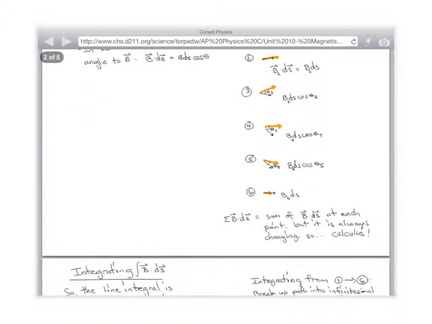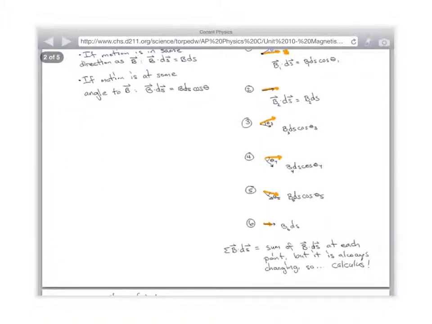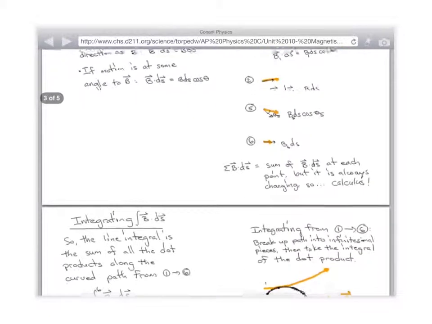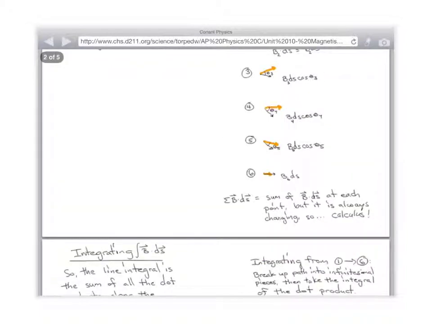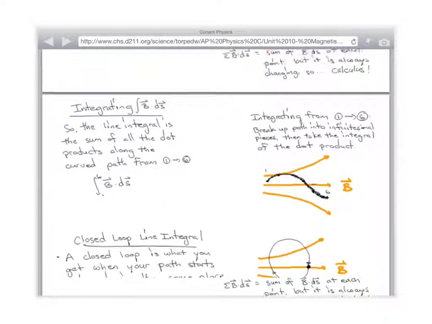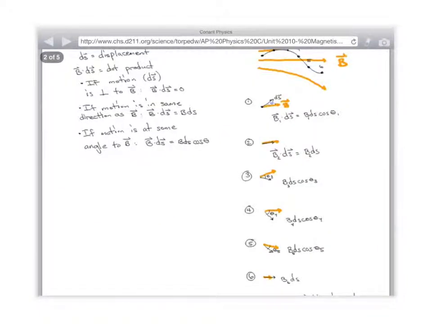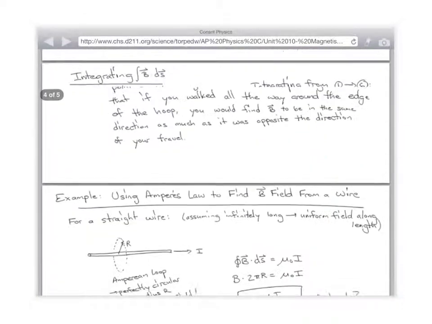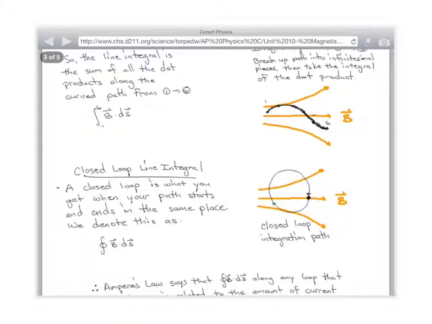So the sum of b dot ds at each point gives you the line integral from point 1 to point 6.